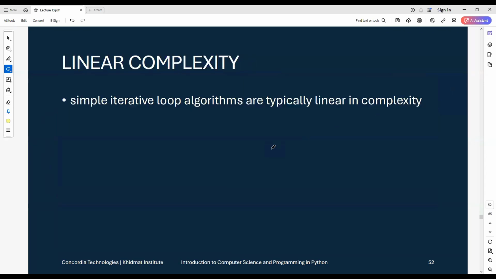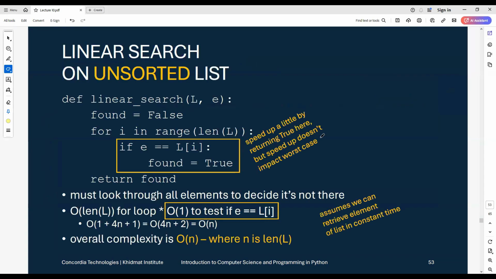So let's take a look at a few examples of different complexity classes. Linear complexity is the class of algorithms that usually have a single loop, and we have one simple iteration of that loop. For example, here we are doing a linear search of element E within list L, and we are simply going through the list one time.